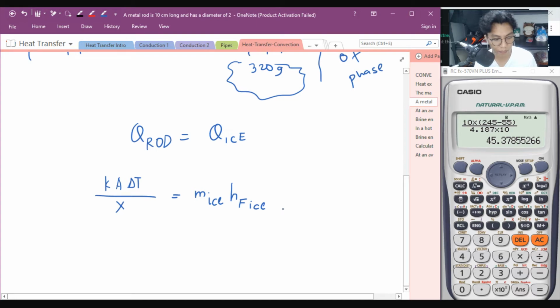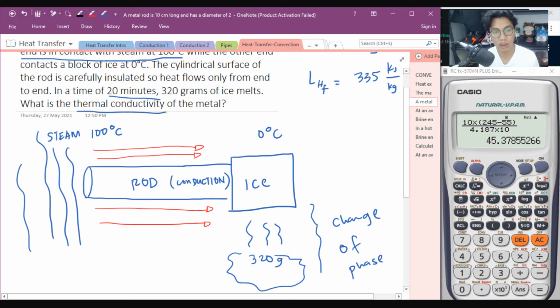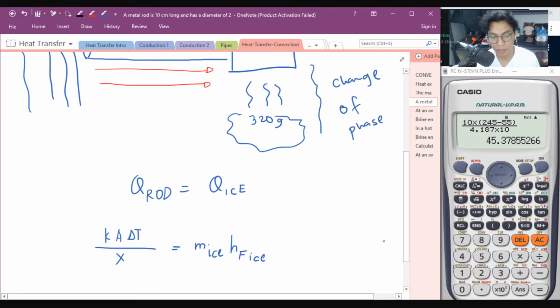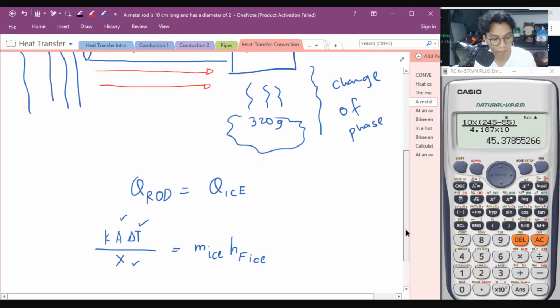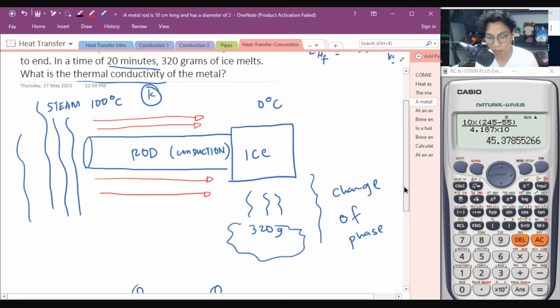Okay? Yan na po yun. So, anong hinahanap natin dito? Yung thermal conductivity of the metal or the rod. So, k. Meron tayong area, meron tayong delta T, meron tayong x, yung length na trinavel niya. Okay? Dito yan. Ayun, 10 cm long.